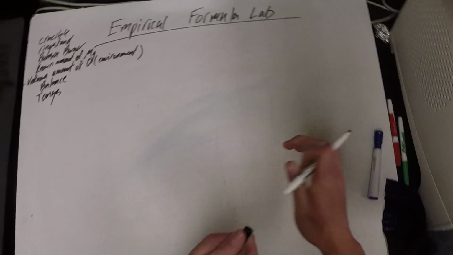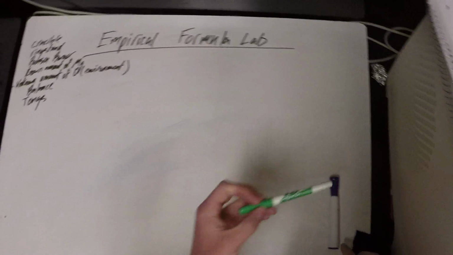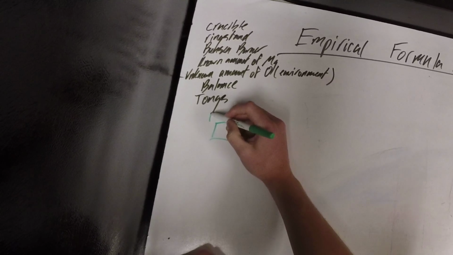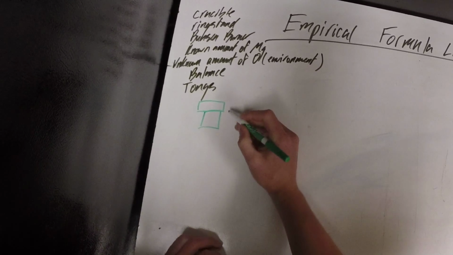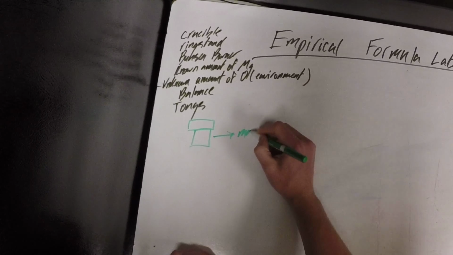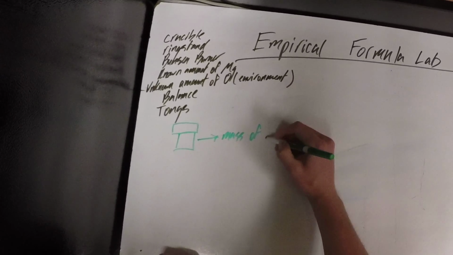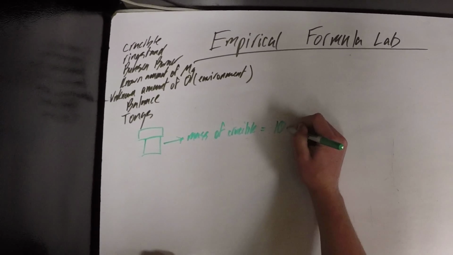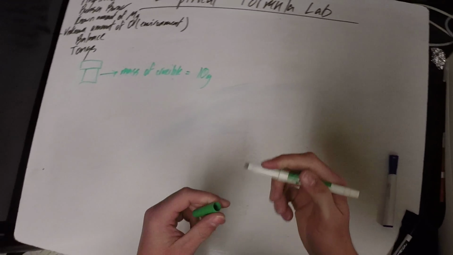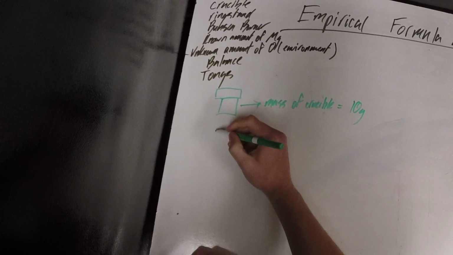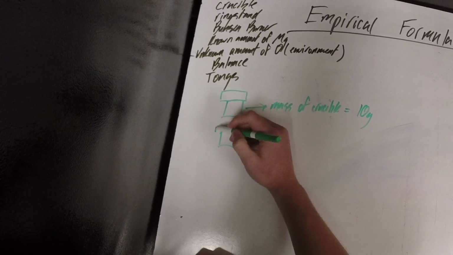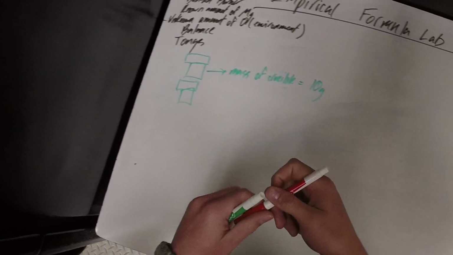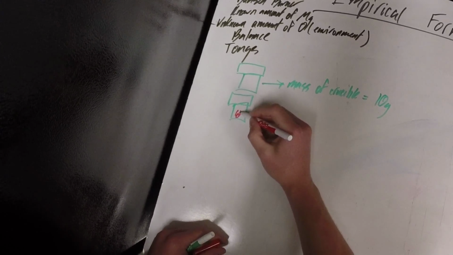Alright, so in this lab you're going to have a crucible, and the first thing you're going to do is weigh the crucible. So we'll say that the mass of the crucible is equal to 10 grams. Next, you're going to take the crucible with an amount of Mg in it.